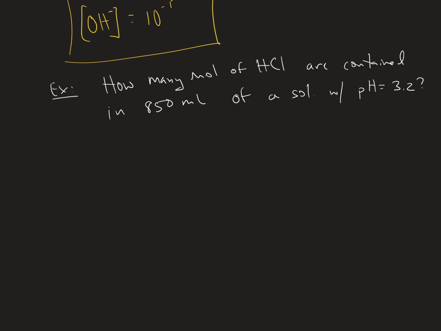Okay, where do we start? We want to know moles of HCl. That's what our question is. And we have two values: 850 milliliters of a solution with a pH of 3.2.